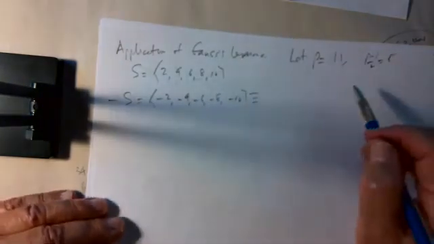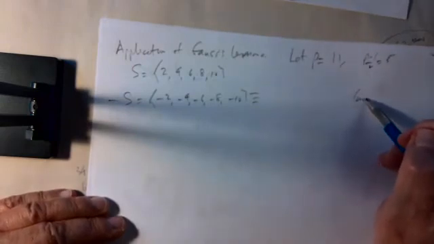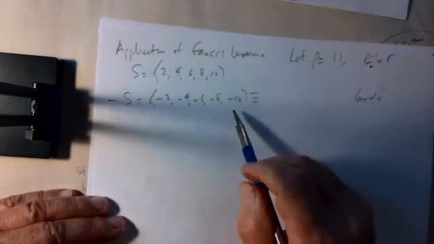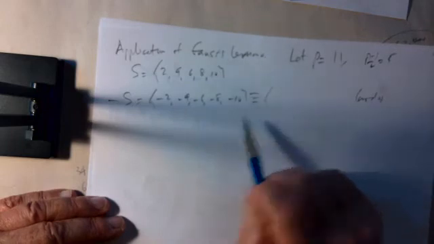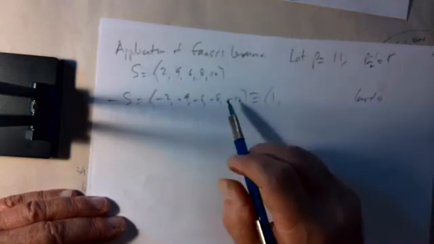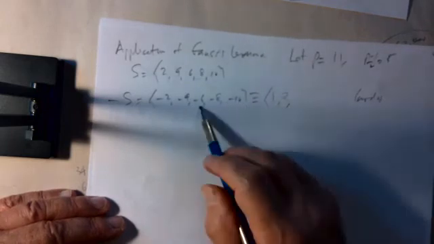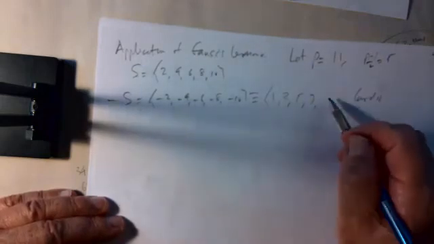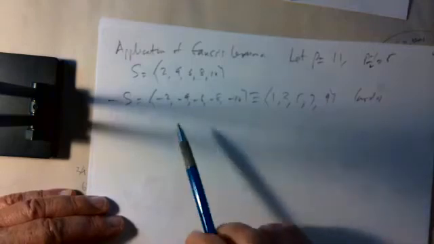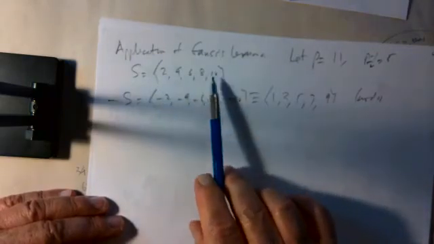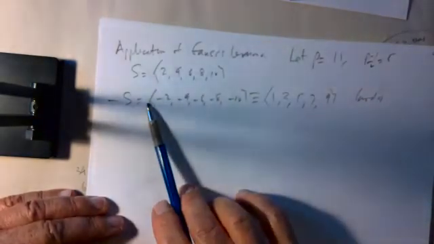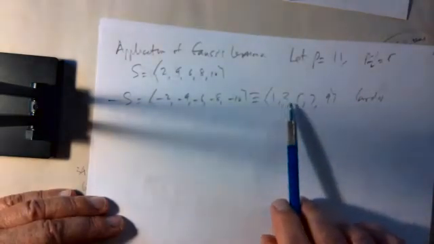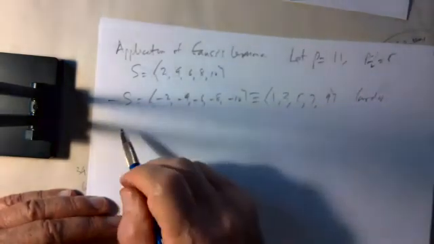And these numbers are congruent mod 11 to the numbers, let's see, -10 plus 11 is 1, -8 is 3, -6 is 5, -4 is 7, and -2 is 9. So S is the numbers 2, 4, 6, 8, and 10. Minus S represents the congruence classes 1, 3, 5, 7, and 9.